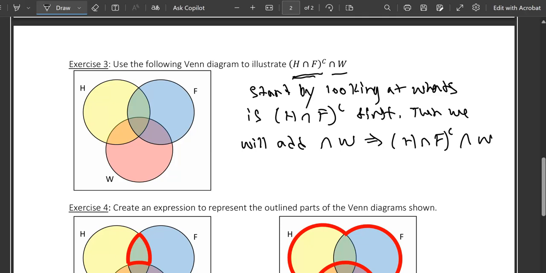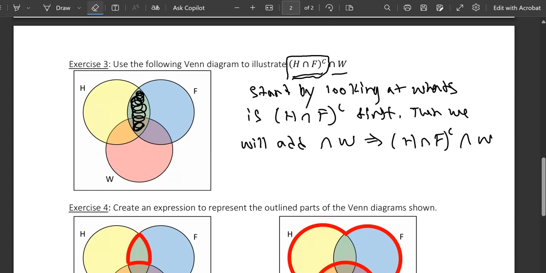So what we want to start with here is the intersection complement. Remember, the complement is what's not in. So where's the intersection of H and F? H and F, there's their intersection where they overlap. But we don't want that. We want the complement of that. That's everything but that.